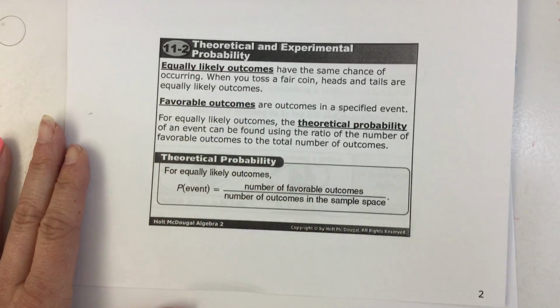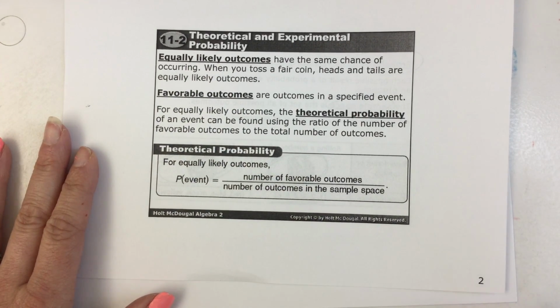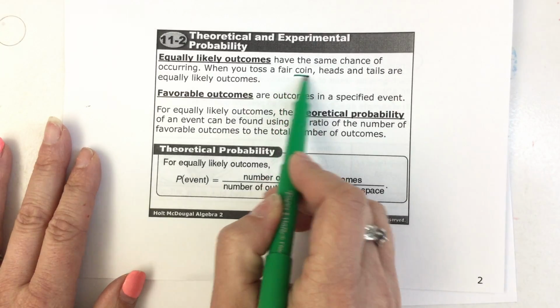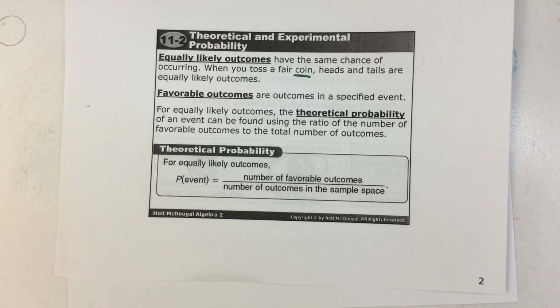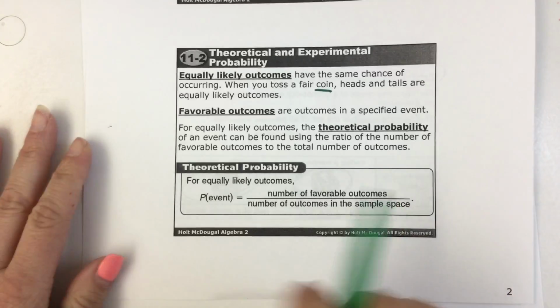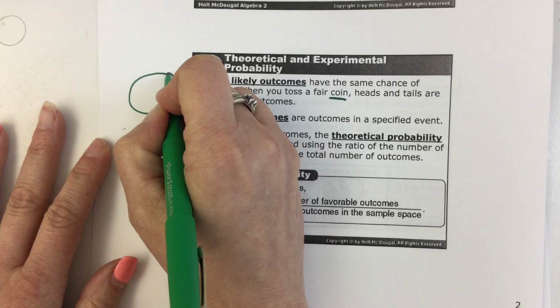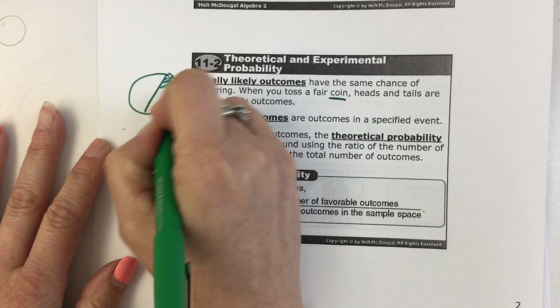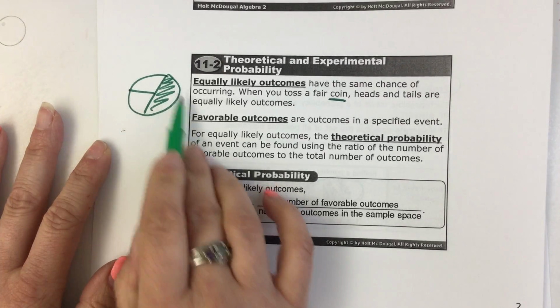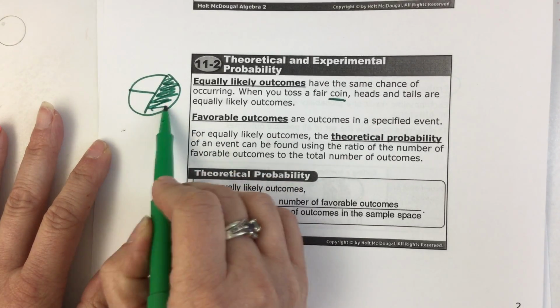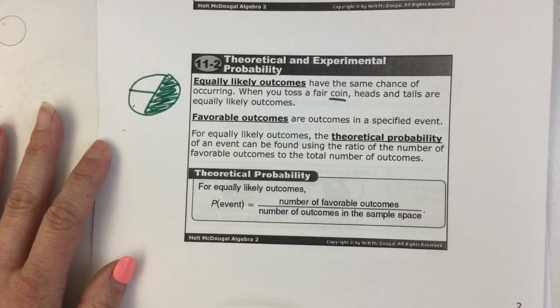When something has equally likely outcomes, that means there's a fair chance. So if you flip a coin, heads and tails are equally likely. Where it would not be equally likely: let's say you're playing a board game and you have a spinner where this section is half of the spinner and these 2 sections are like that. This would not be equally likely. You would have more of a chance of landing in this section versus those 2.